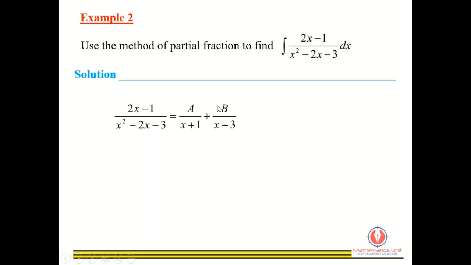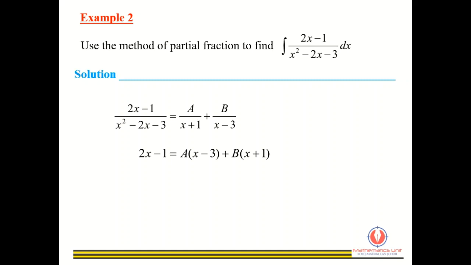So the partial fraction is a over x plus 1 and b over x minus 3. When we multiply all the terms by the denominator, we get 2x minus 1 equals a multiplied by x minus 3 plus b multiplied by x plus 1.